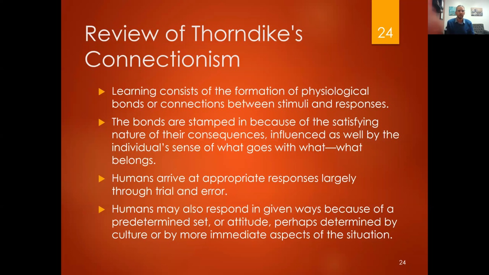And he argued that humans, the way that our behavior is shaped is largely through trial and error. He argued that we're just like animals in that respect. And then he also found that humans respond in given ways because we have a predetermined attitude. I didn't talk about this, but our culture, our background, it prepares us to behave in a certain particular set of ways.